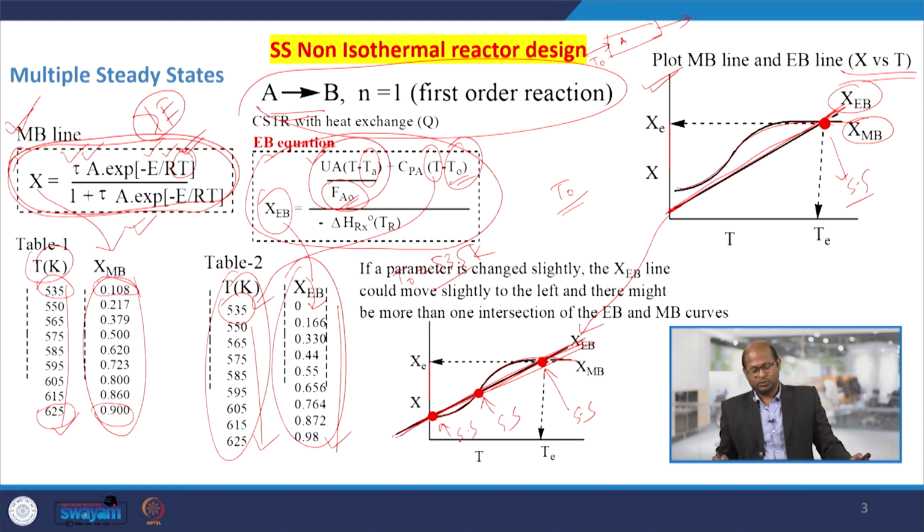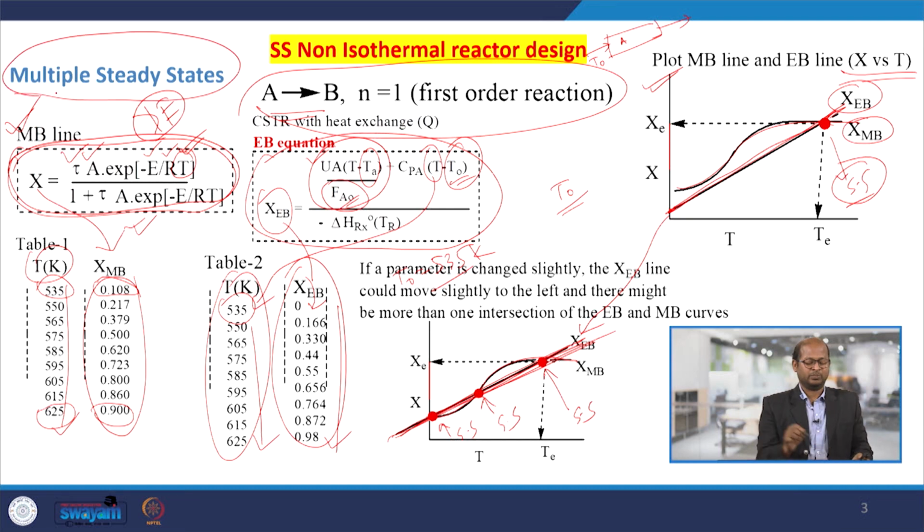If we change one parameter in the energy balance equation slightly, then the energy balance line will shift and follow this path. So the number of steady states would be different. Here there is one steady state, here multiple steady states, therefore we are discussing multiple steady states.